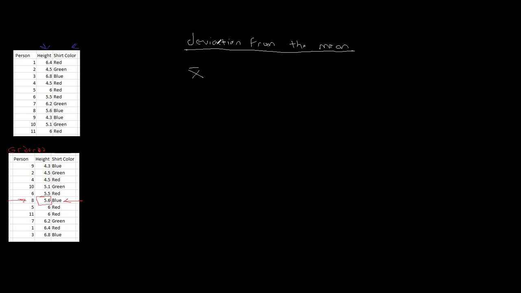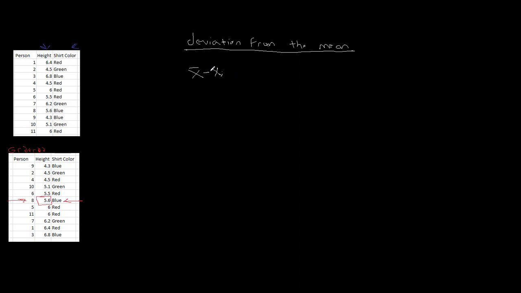So this could be interpreted as difference from the mean. So for each observation in our data set, we're going to subtract the mean from that data point. So we're going to do x bar minus x sub i, and I always put a little i here just to indicate that we're doing it for every observation. This is deviation from the mean for one observation.